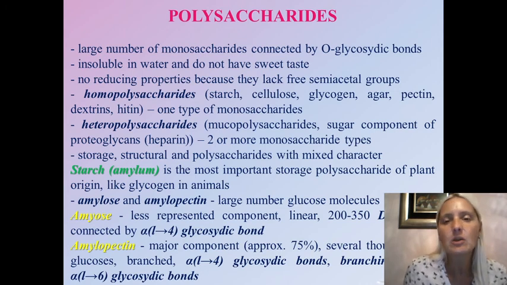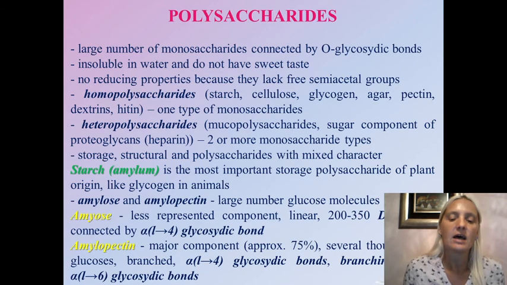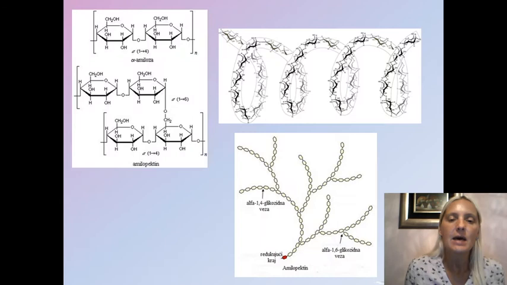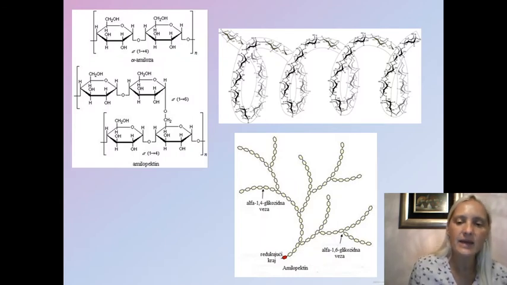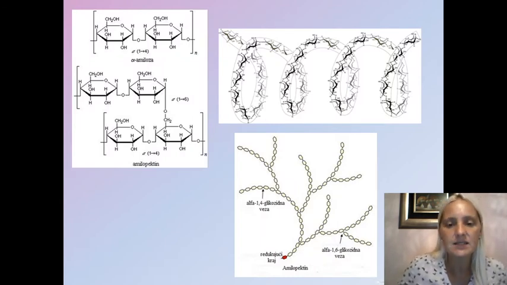Then we have amylopectin, that is the second predominant part of starch. Approximately 75% of the total mass of the starch is amylopectin, so it has several thousands of D-glucoses. But in amylopectin you have two domains, because that is the branched part of the molecule.